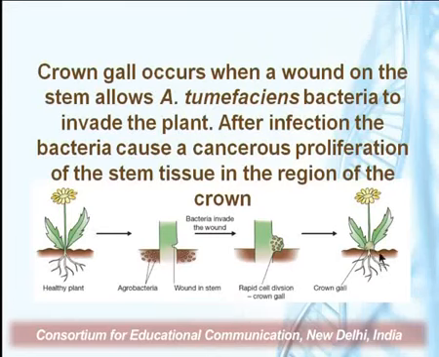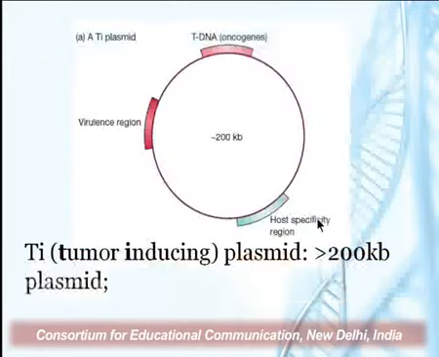Therefore, this nodule is called crown gall disease. Whenever there is a wound, this bacterium will infect and cause a tumorous, cancerous kind of growth in the gall region, and this manifestation is because of the plasmid termed the Ti plasmid.